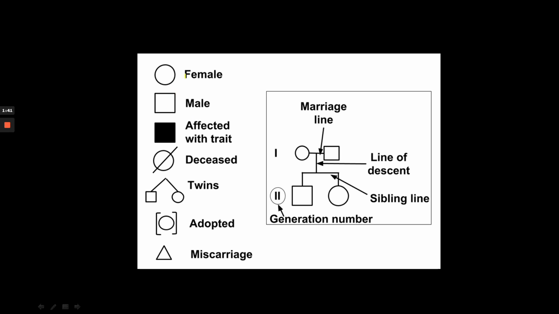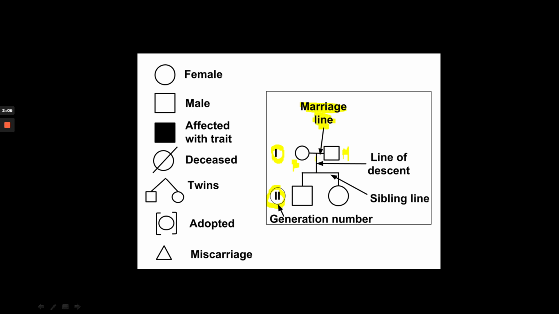So you should know these symbols really well, and you should know that this is the first generation here, this is the second generation over here. In the first generation, this is the female, this is the male individual, and the line between these two individuals represents the marriage line, meaning they have been wedded together.